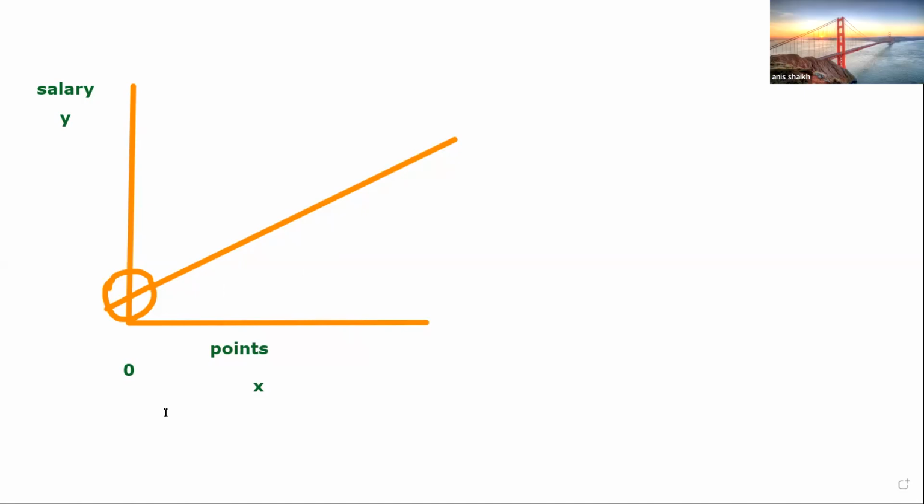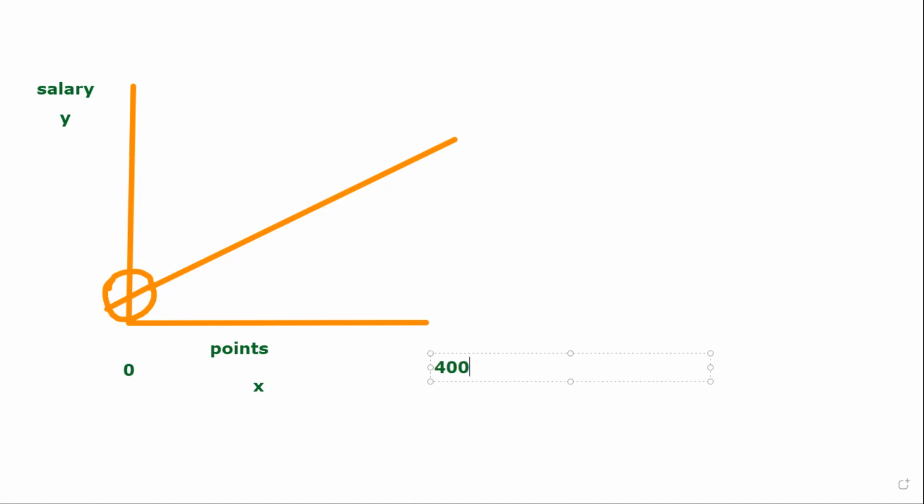Now we will go to slope. What is slope? If I say from 0 to your points are 400, these are 400 points. Now, I will take any job, say, for example, a job of 200 points or 300 points.